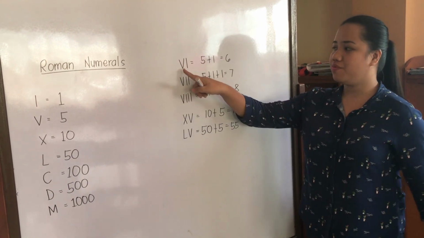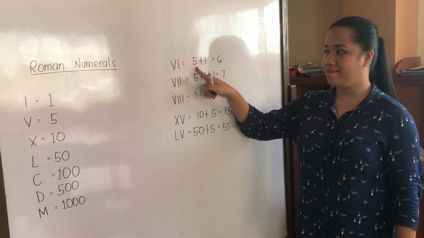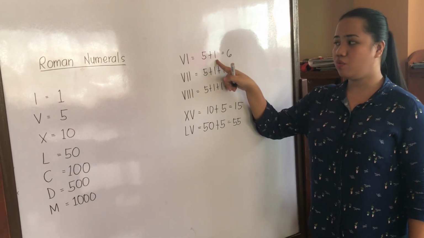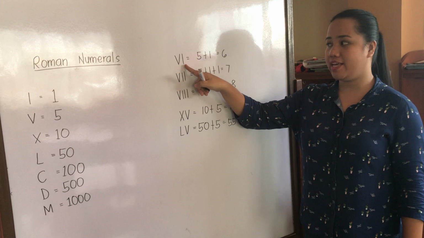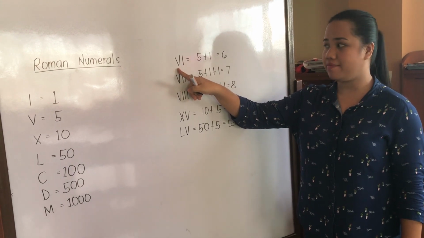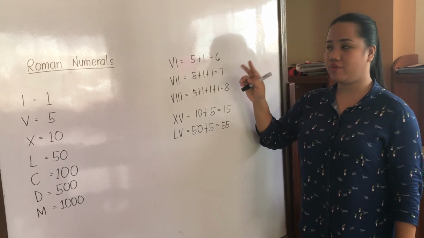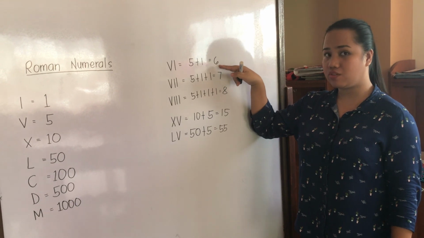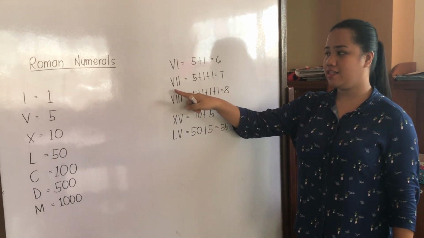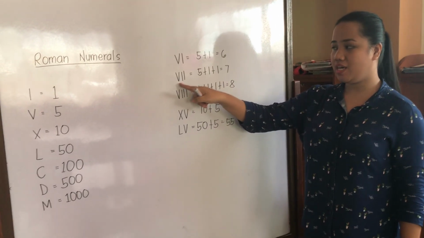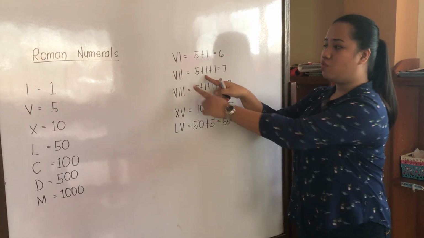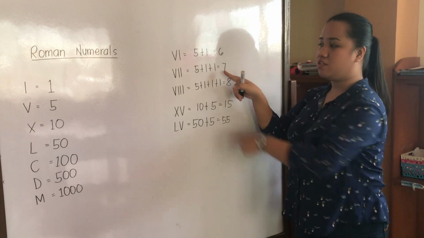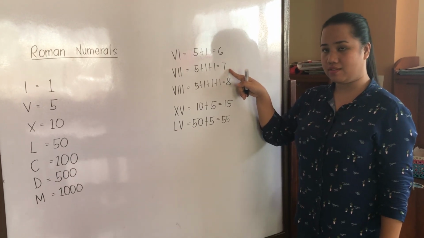Okay, so V, which stands for 5, and I, which is 1, and then you put the smaller value of Roman numeral next to the bigger value, which is 5, you have to put them together, which makes it equals to 6. And then another example is VII is equals to 5 plus 1 plus 1, that makes it equal to 7.